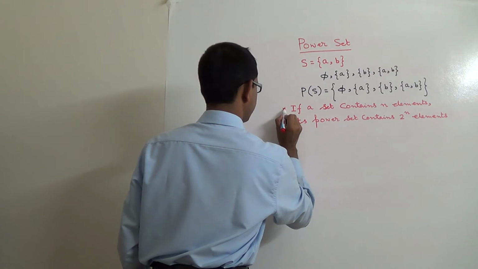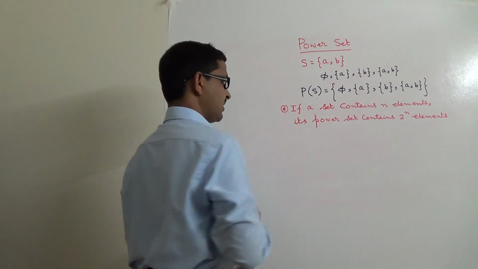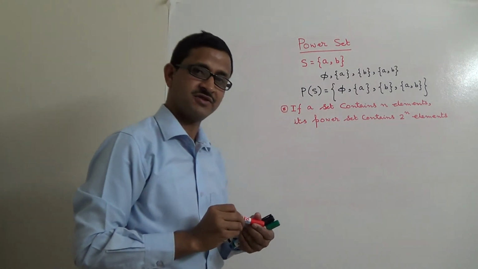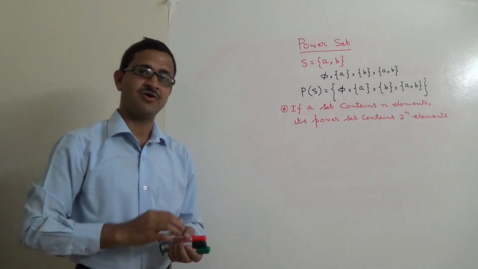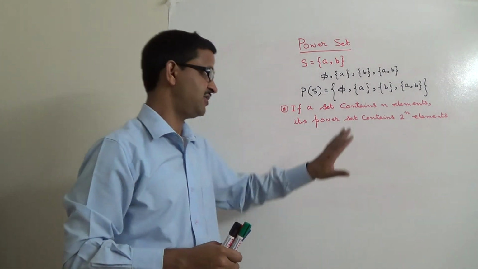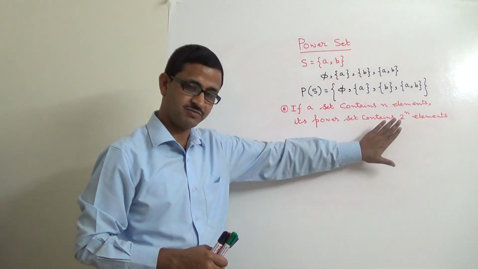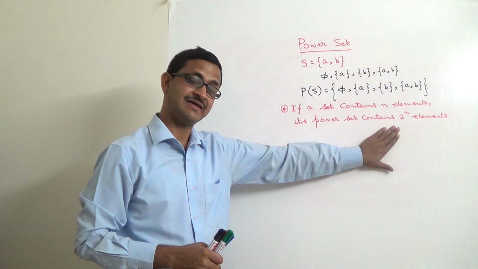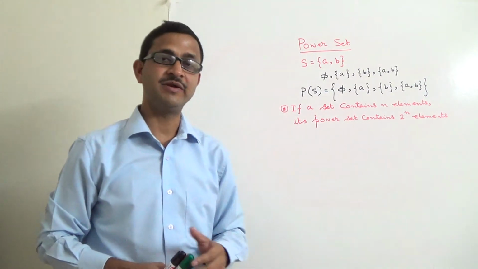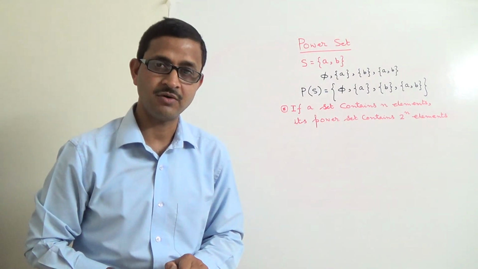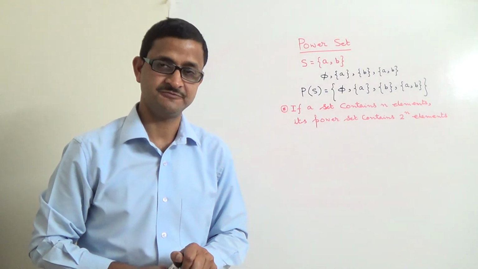Very important formula that will come into the picture in several proofs of other formulas. This is very important, and the proof of this theorem we will see later, especially when we discuss the principle of mathematical induction.